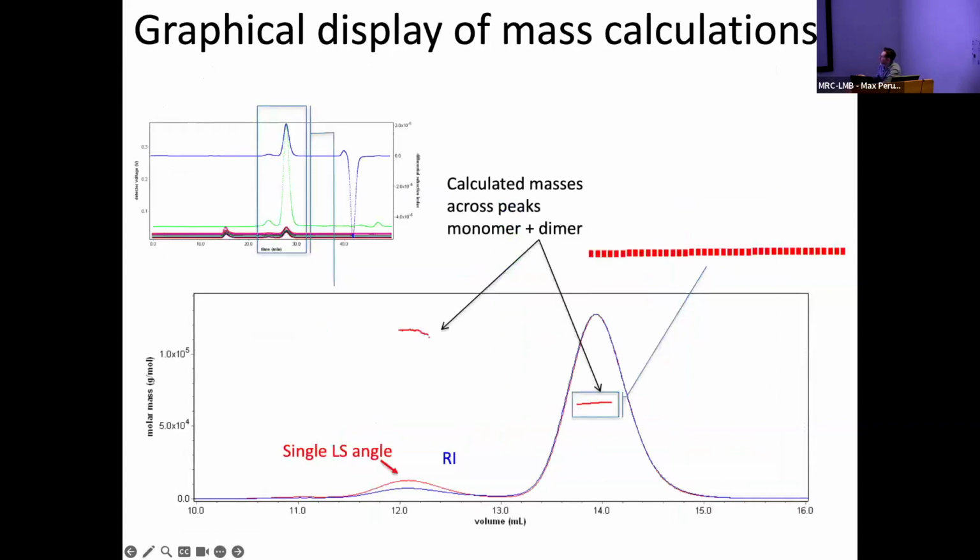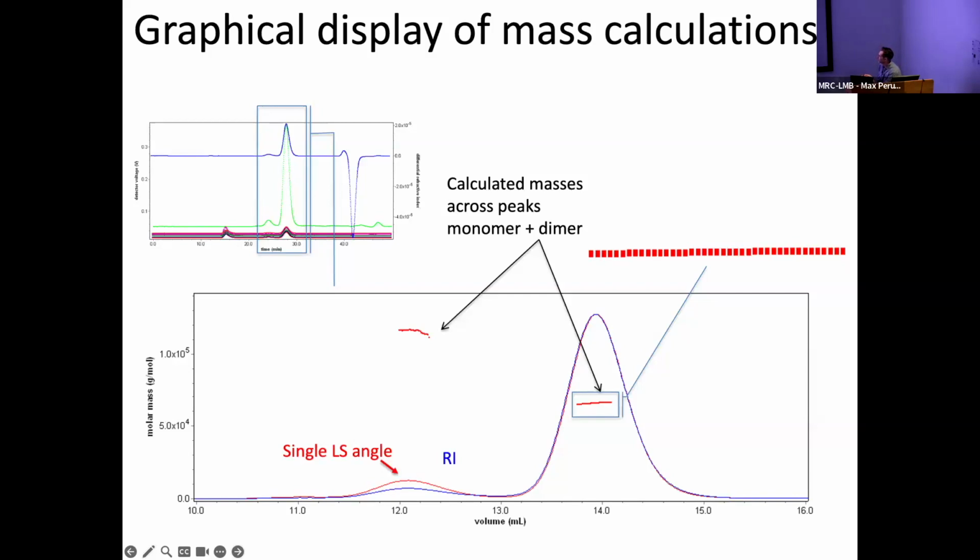This is how you see it presented in papers, where they'll show either the refractive index or the UV signal, whichever you are using to measure the concentration, because you can use either. It's possible to measure the concentration with the UV as long as you have the extinction coefficient of the protein, and then the dn/dc. We usually use the refractive index.